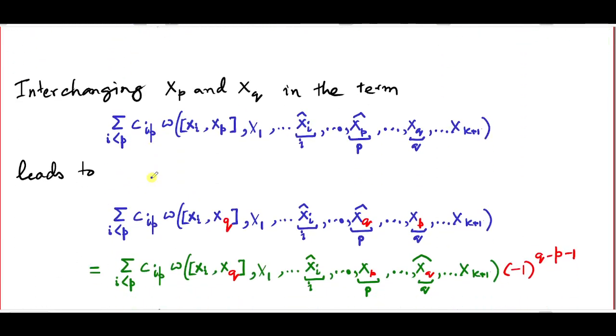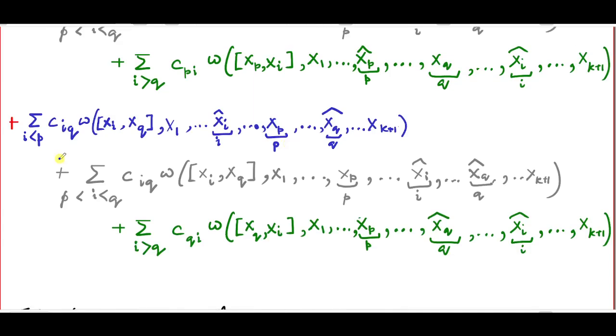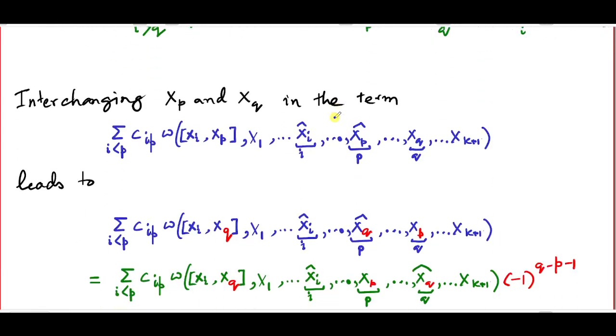Now, of course, in the original you had c_iq here, and you also had, and this is more important, xp sitting here and xq missing from here. In our interchanged version, we have xq missing from the ps slot and xp sitting here. So in order to actually make this look exactly like that term, we have to bring xp here.